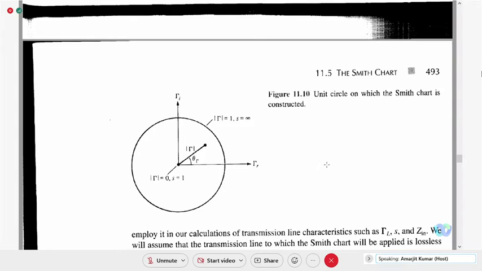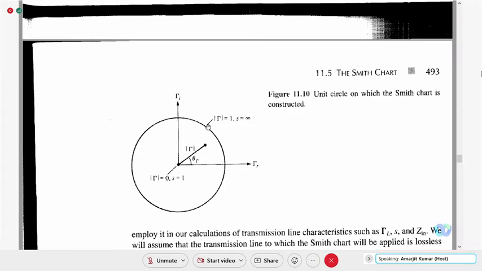So that means the short circuited and open circuited impedance should lie on this circle of unit length, because mode of gamma is basically showing the radius here. Are you getting it? So for this circle, mode of gamma is showing the radius.